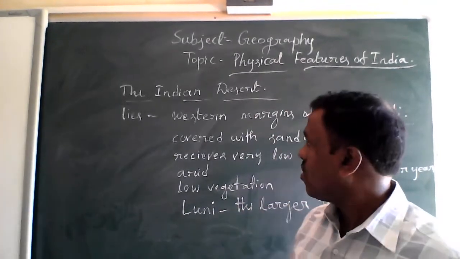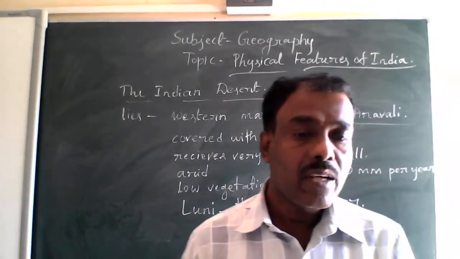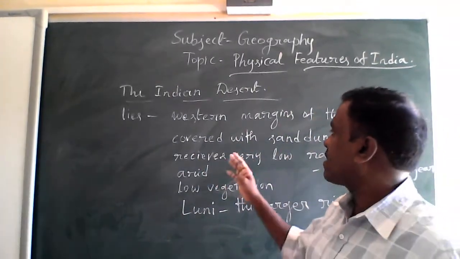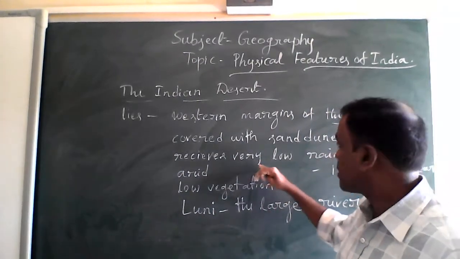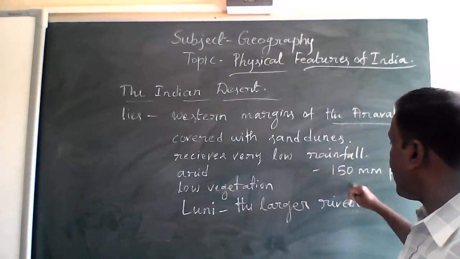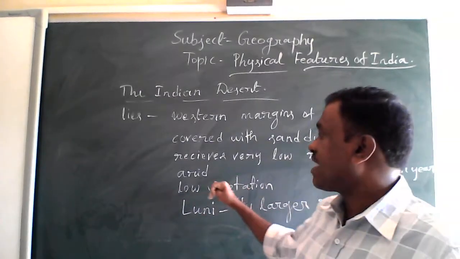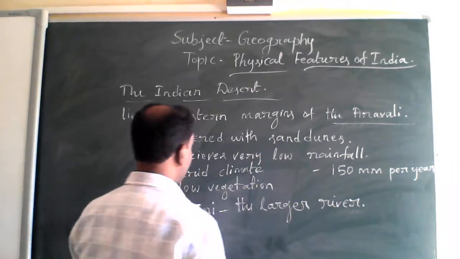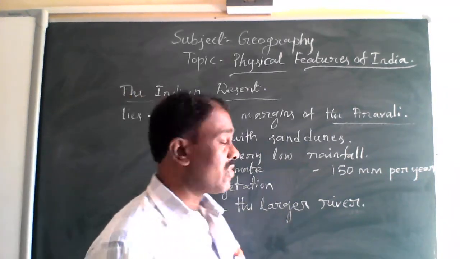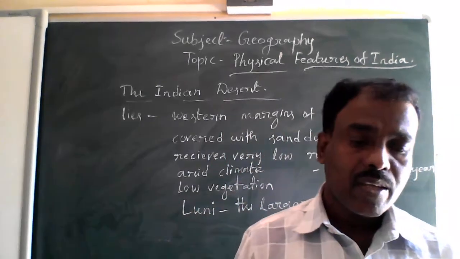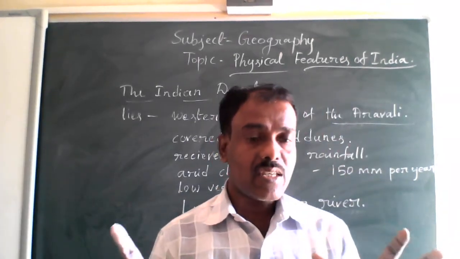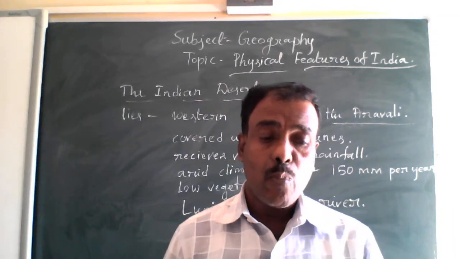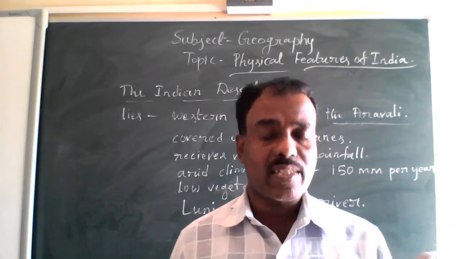Got it, dear students? So the Indian desert lies towards the western margins of the Aravalli Hills, and it's covered with sand dunes, and it receives very low rainfall, about 150 millimeter per year, and it has an arid climate with low vegetation, and Luni is one of the larger rivers. Barchans, that means crescent shaped dunes, cover large areas, but longitudinal dunes become more prominent near the Indo-Pakistan boundary.